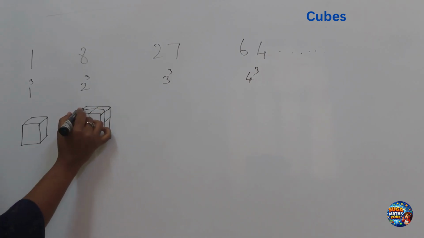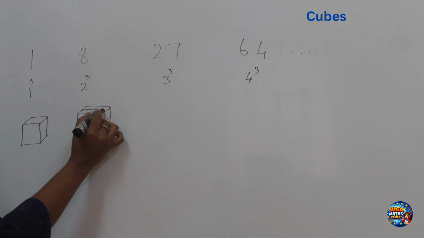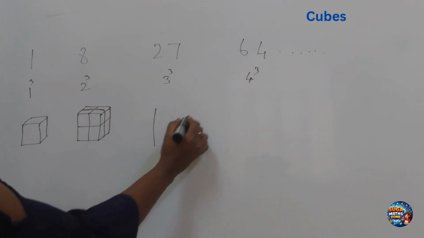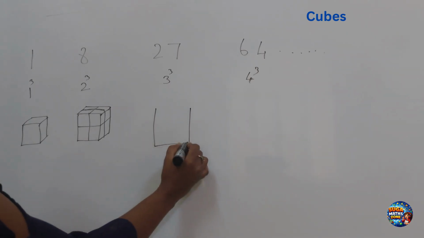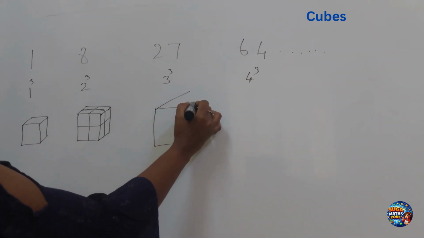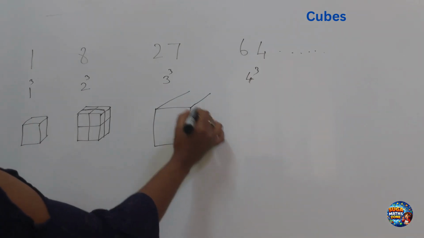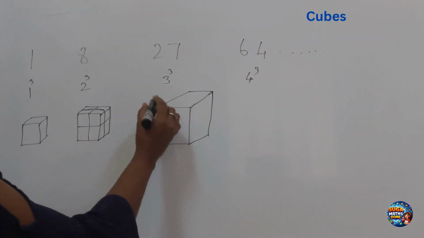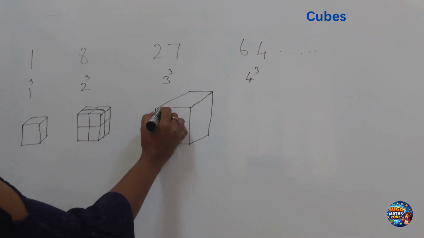This is 2 cube. The next one is 3 cube. Draw a bigger cube, and just divide it into 3 parts.